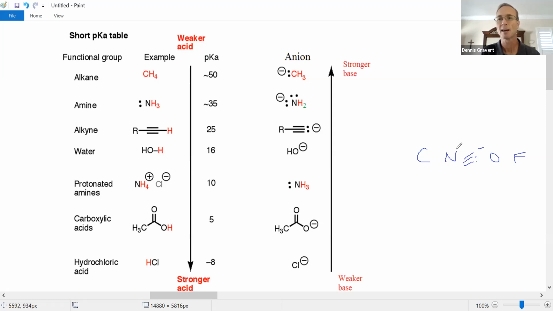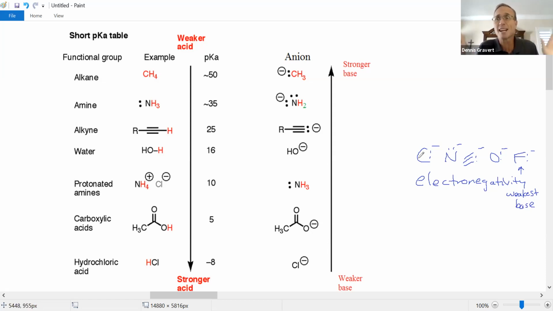Now make them all anions with a lone pair. And you have now ranked the bases crudely based on electronegativity. The most electronegative is fluorine. It likes to be negative, making it the weakest base. It's like, I'm cool with this negative charge. Leave me alone, H+.